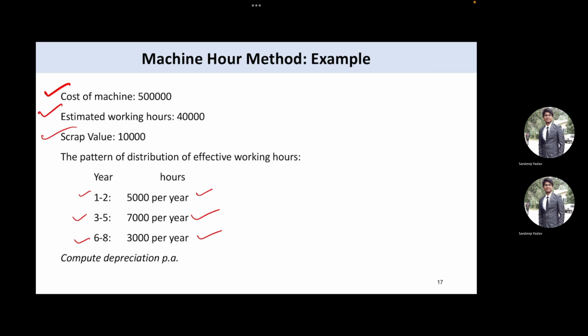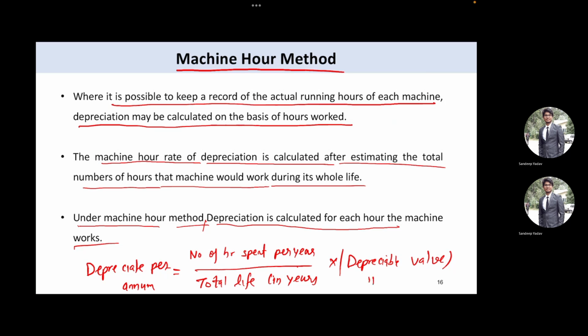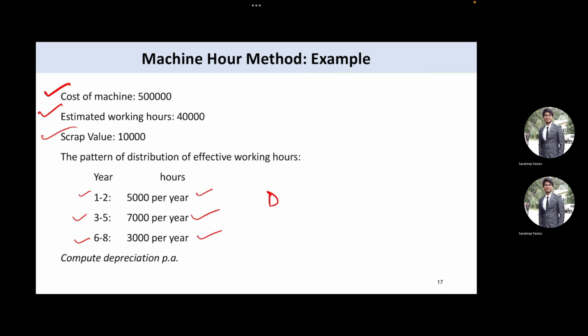Depreciable value will be cost minus scrap value, that I have already written.